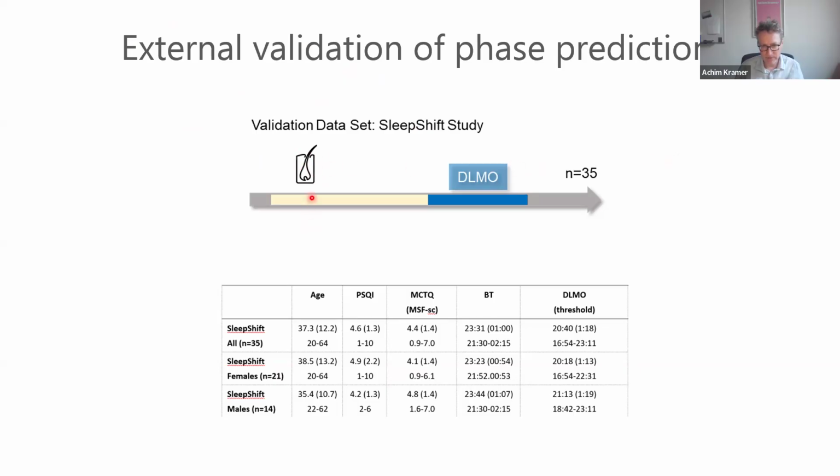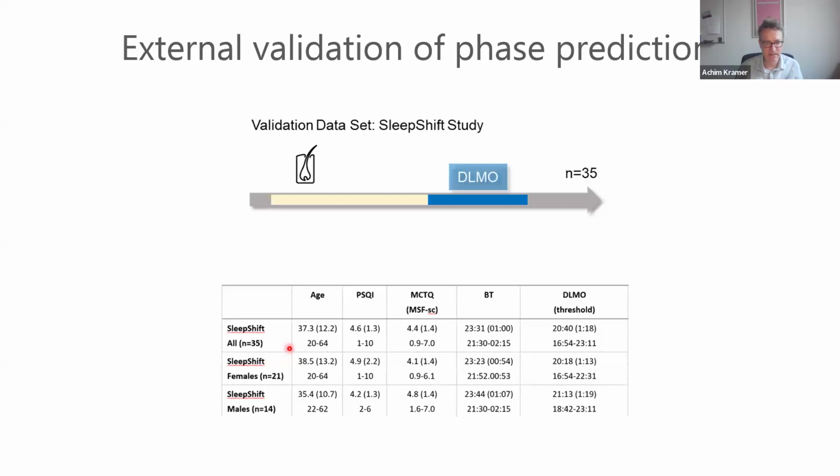Now we did what we all wanted to do all the time. We only took a single sample, measured gene expression, and also measured the true phase. We did that with 35 people, so measuring DLMO.